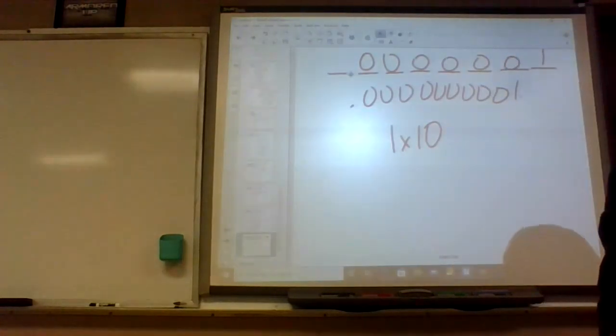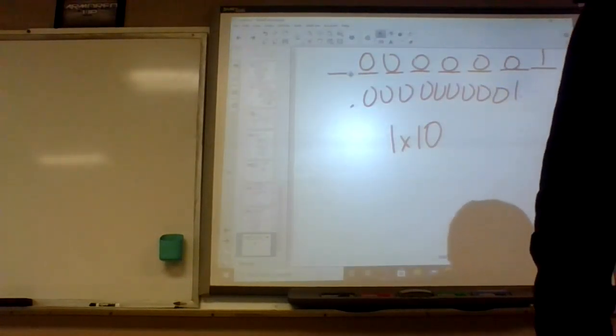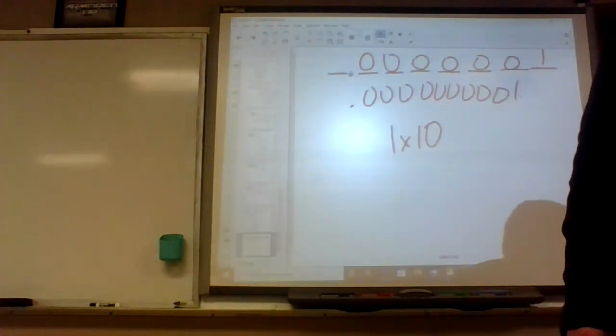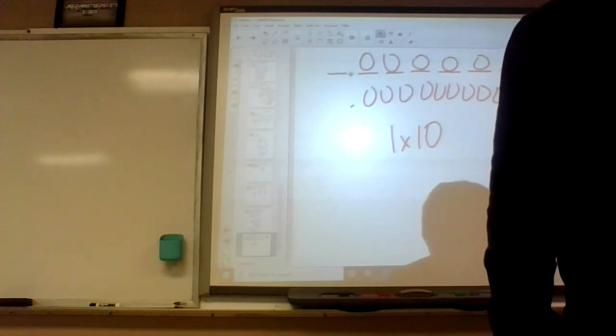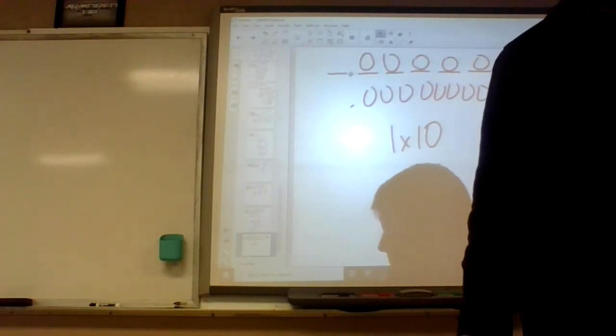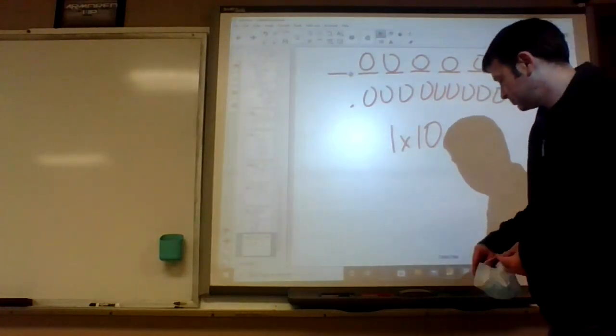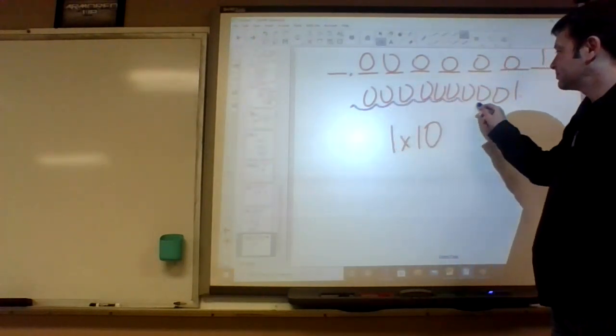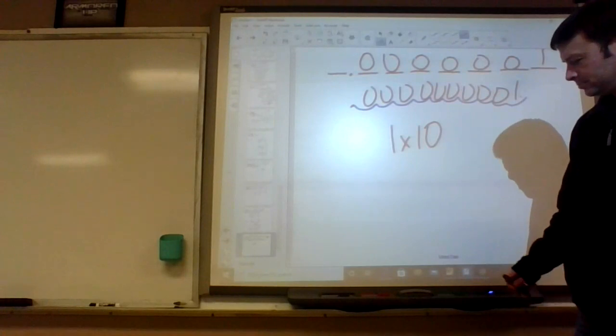If it's a decimal though, what would the exponent be? Negative.